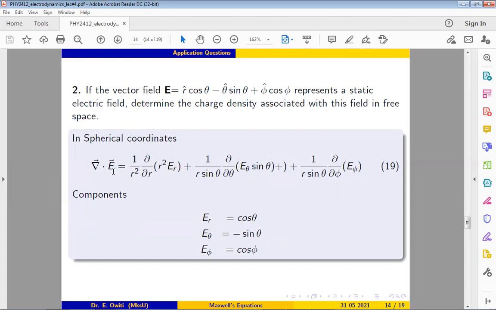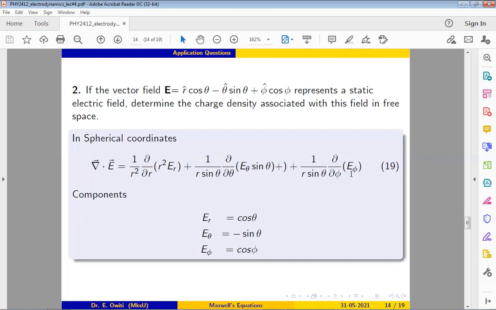So the divergence of a vector is given by equation number 19. Specifically, the divergence of an electric field E is, you can see that, which now will have the components ER, E theta, and E phi.